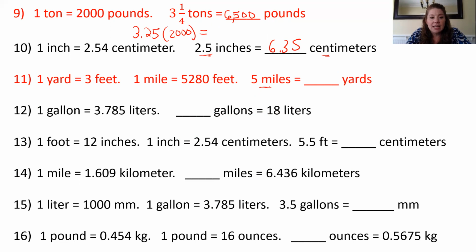All right, so look at number 11. Now this one, we have a couple of things to do. 1 yard is 3 feet. 1 mile is 5,280 feet. The question is, if I have 5 miles, how many yards is that? Well, the first thing I have to do is find out how many feet are in 5 miles. 5 times 5,280 tells me that is 26,400 feet.